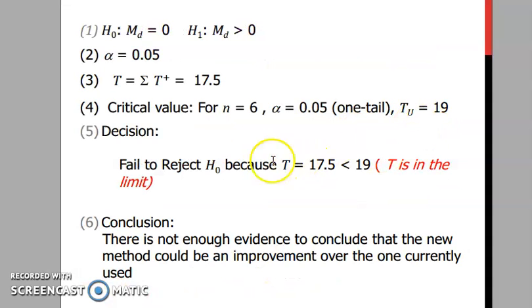TU is 19, and our test statistic is 17.5. So the test statistic is less than the critical value, meaning that we do not reject H null, or we fail to reject H null. So the conclusion: there is not enough evidence to conclude that the new method is an improvement over the one currently used.